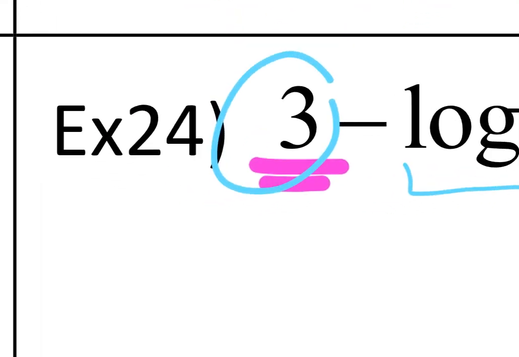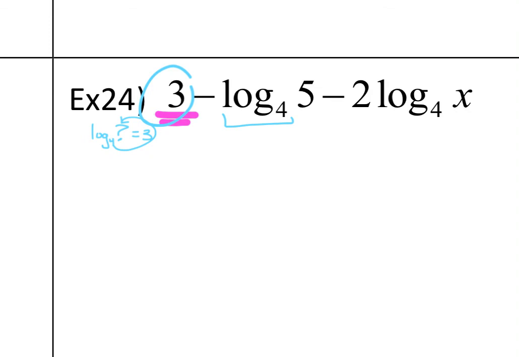So your thinking is log base 4 of what is equal to 3, meaning 4 to the 3rd power equals what answer? And so in this case, that's going to be 64.